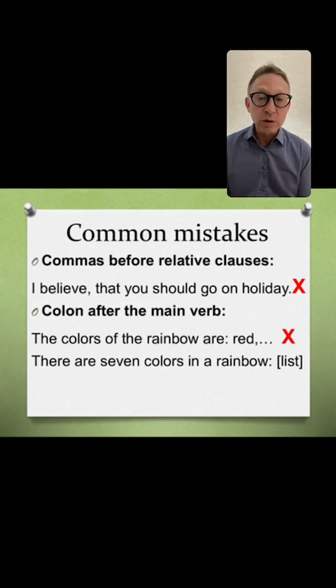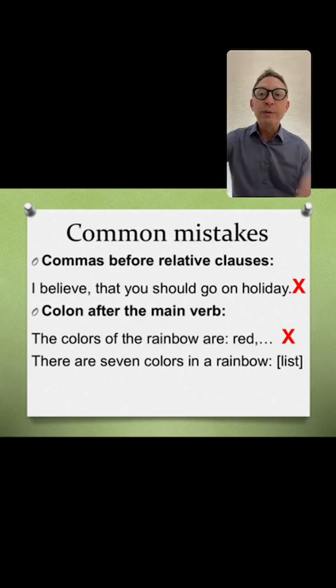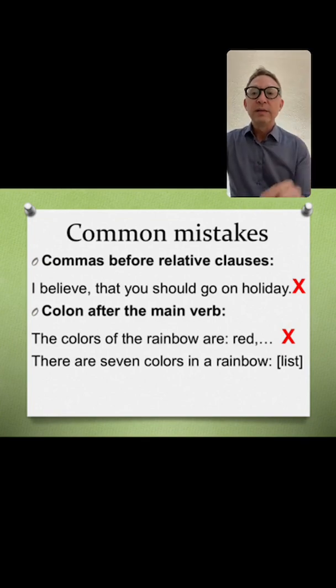A comma or a colon, both are incorrect, in the case of the colon, unless it's a complete sentence. So, the colors of the rainbow are, and then a colon and a list, that's incorrect. We need a complete sentence. There are 7 colors in a rainbow, colon, and then list all 7.